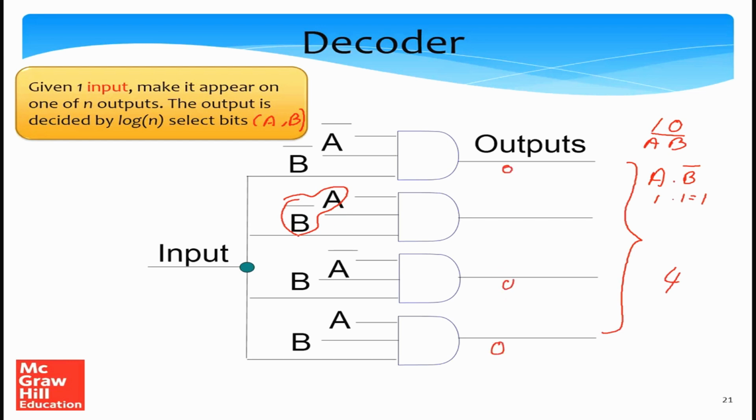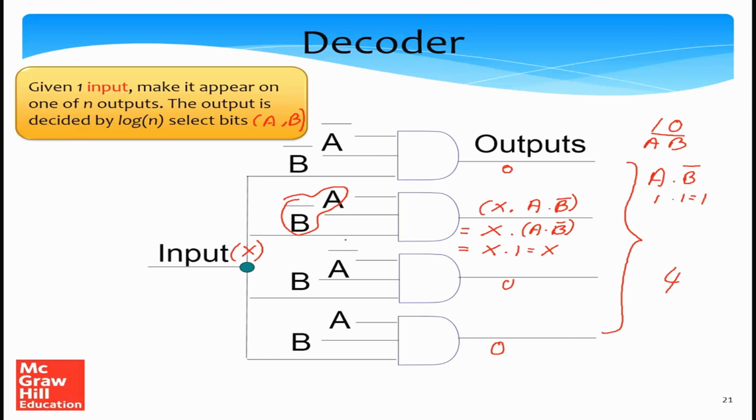For this case, let's consider the input to be x. So what are we getting? We are getting x ANDed with A, B bar. Using the distributive rule, and then the associative rule, we can replace this as this, which is equal to x ANDed with 1, which is x.